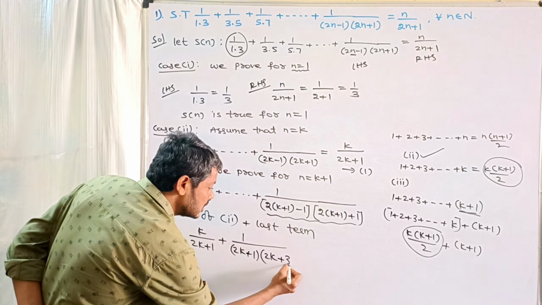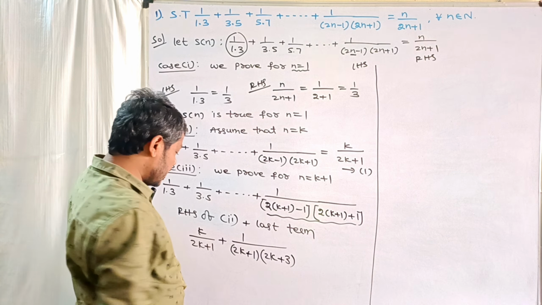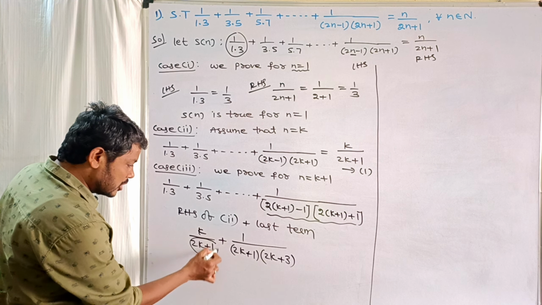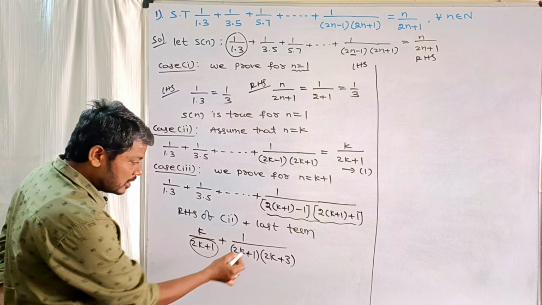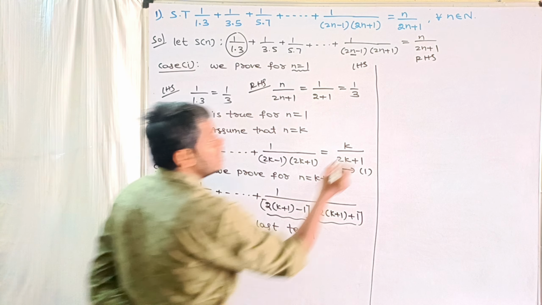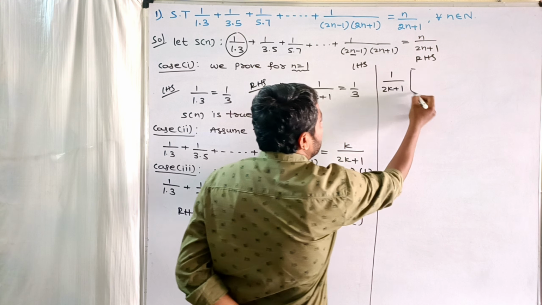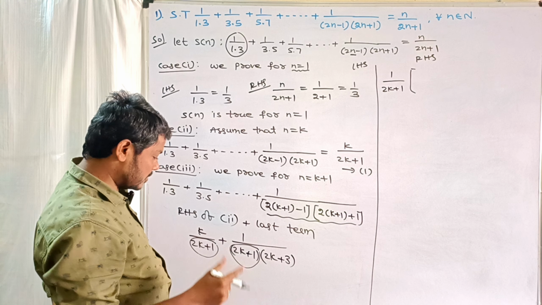That is 3. So clearly once you observe here, the denominator is 2k plus 1. Here also the denominator of the first term is 2k plus 1. So clearly in the denominator, 2k plus 1 is common. So write 1 by 2k plus 1 as common. And what are the remaining terms?